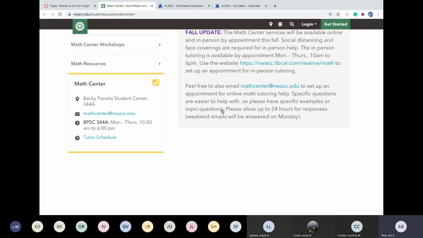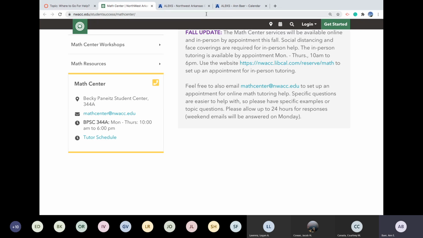I would encourage you, rather than to use the Math Center, that you seek help from me. However, I have 6 classes this semester, and so unfortunately I may not be available at a time when you are available. So that's why I'm making sure you have access to every resource that I can possibly think of that you may want access to.